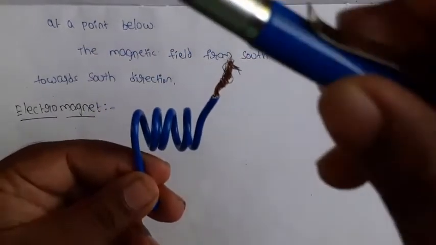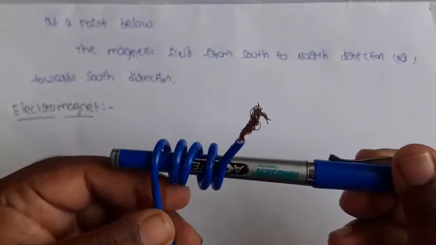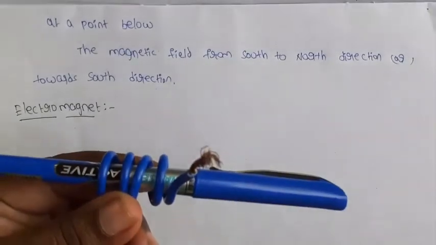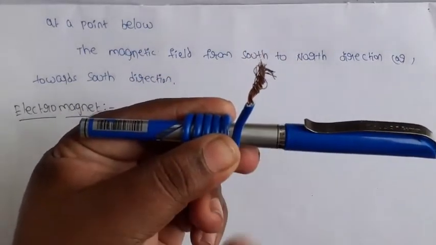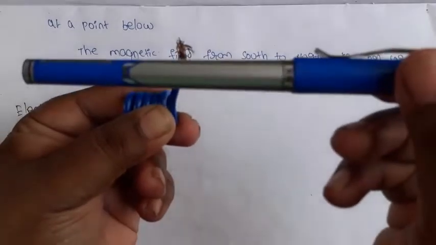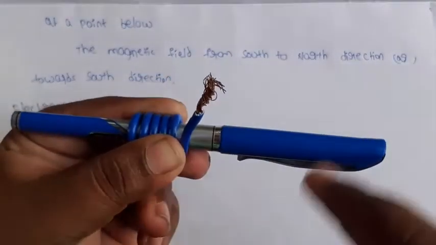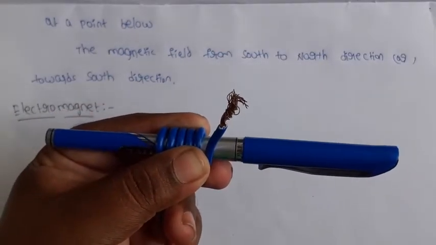This is a conductor. For example, this is a soft iron core. When you insert this soft iron core into the solenoid, this is called an electromagnet. When you insert soft iron core into solenoid, then it behaves as an electromagnet.